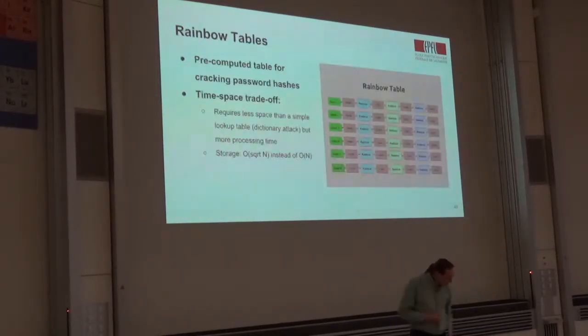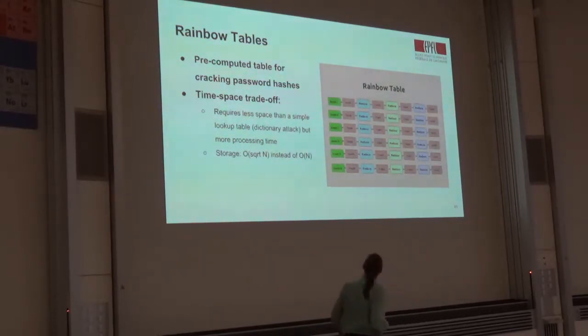And rainbow tables are a very nice way to reduce that storage cost. So basically a way to crack passwords using dictionaries while reducing the amount of storage, the amount of disk you need basically to hold that giant table from order n, where n is the number of passwords in the table, down to order square root of n, basically cutting the number of bits in half.